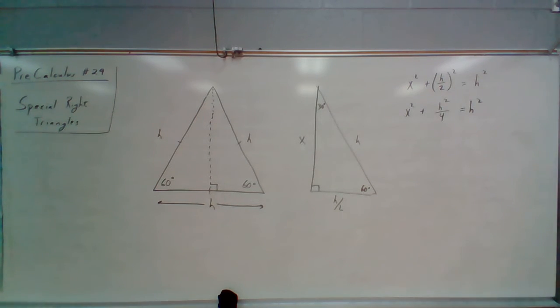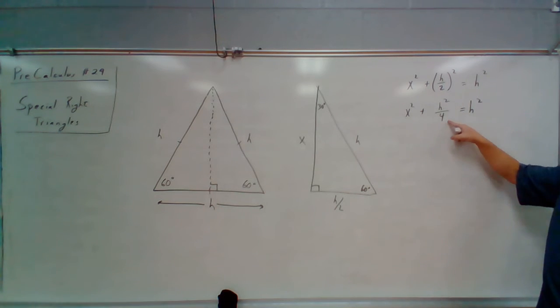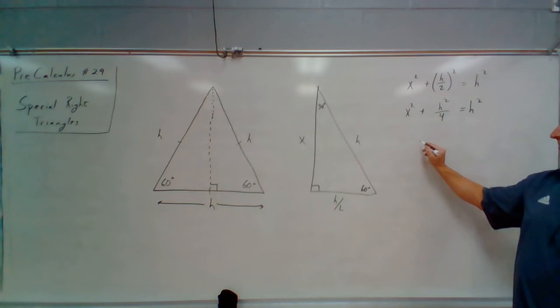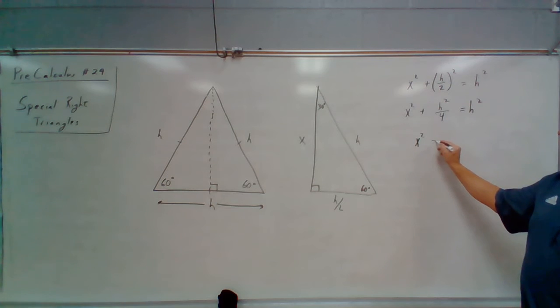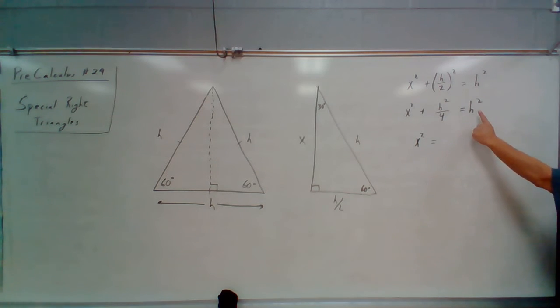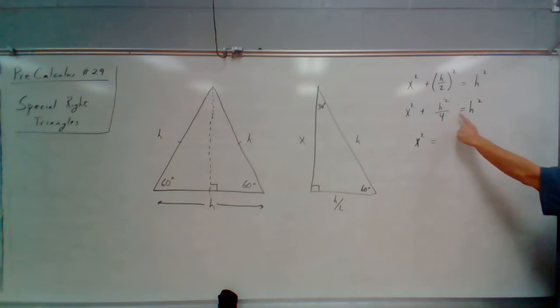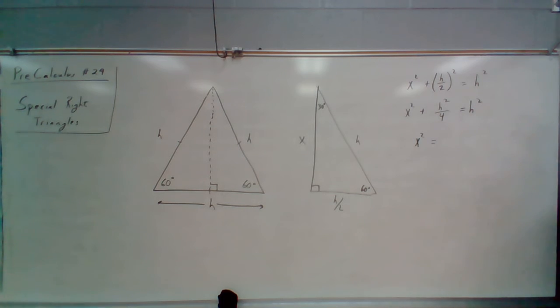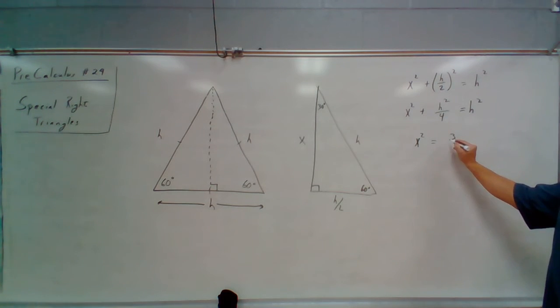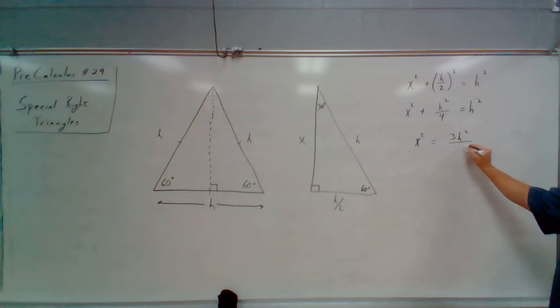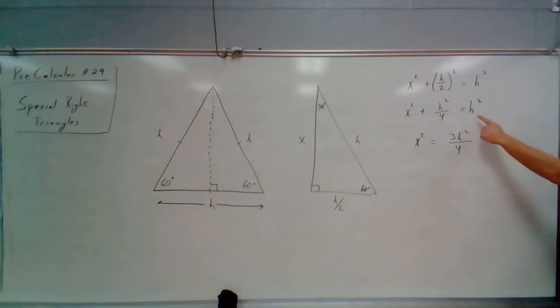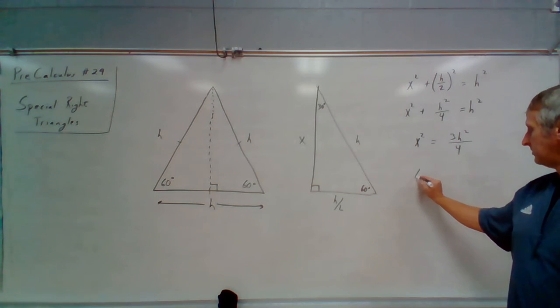And I want to solve this for x, so I need to subtract h squared over 4. So x squared equals, well, if I've got 1 h squared and I subtract 1/4 of an h squared, I'll have 3/4 of an h squared. Get a common denominator: this would be 4h squared over 4 minus 1h squared over 4, leaving me with 3h squared over 4.